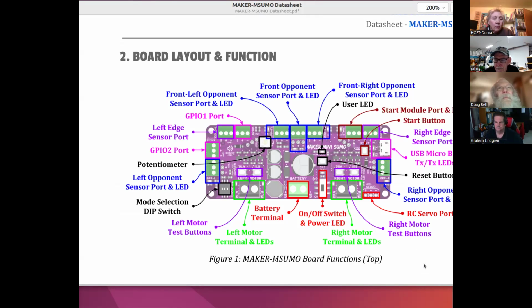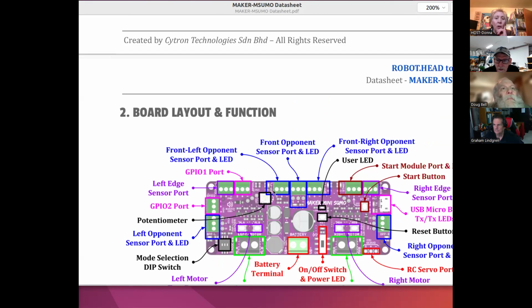And then there's the idea about other IO pins that are not directly called out either on the front or the back of the board. Then you've got the two GPIO ports, separate. Oh, the ones on the back of the board? No, I'm talking about on the front here, what we're directly looking at. There's two GPIO ports, GPIO 1 and 2. I don't know what those ports are in reference to the Uno.